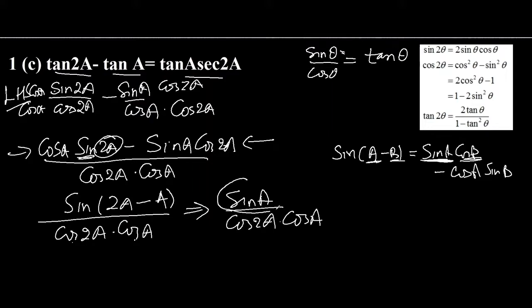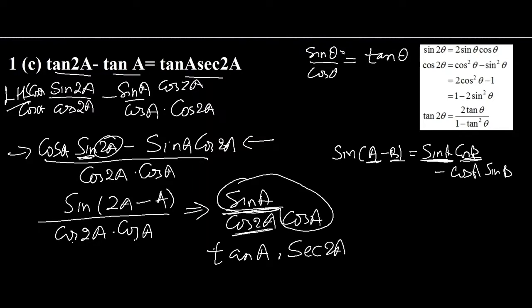Now we can see sine a over cos a is tan a, and 1 over cos 2a is a denominator. 1 over cos 2a will be secant 2a, because secant is the reciprocal of cos, and that is what RHS is. We proved the identity.